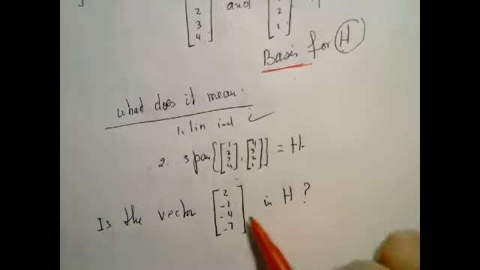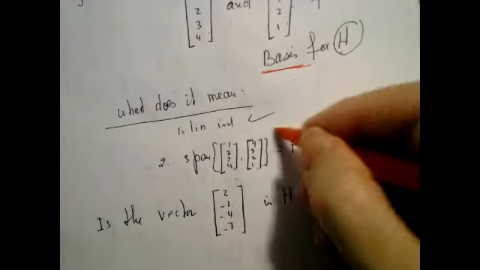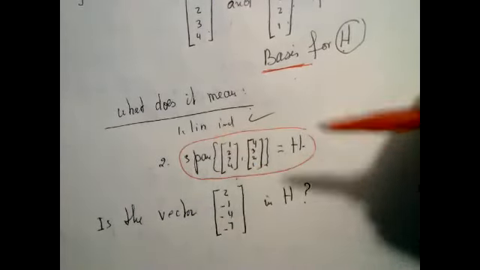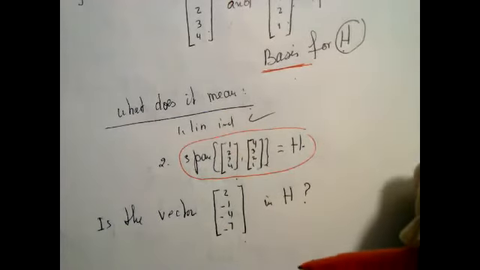Exactly, it means, can I get this vector as a linear combination of those two? Because that's what H is. Telling you it's a basis means everything in H is nothing more than the combination. So is this vector in H?